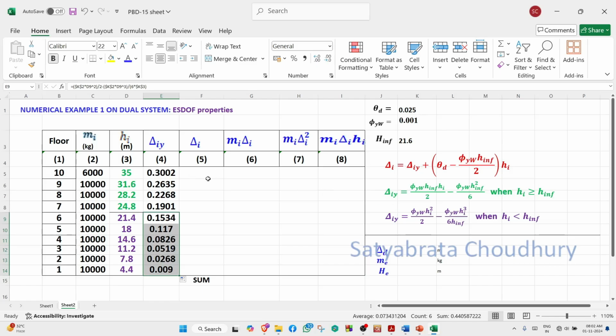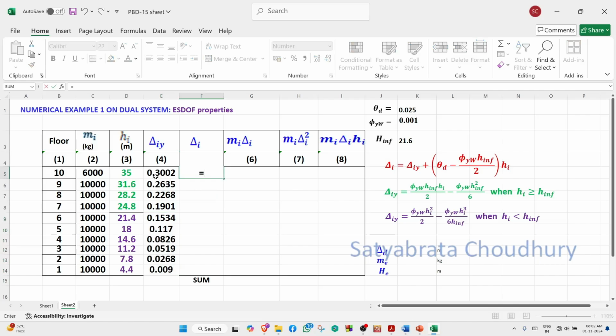So let us apply this formula in column 5, equal to this one plus theta D is this, and you have to put a dollar sign here, minus phi yw into inflection height, divided by 2. Whole thing multiplied by height.